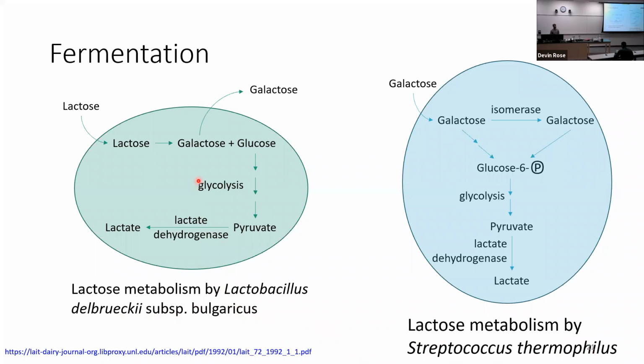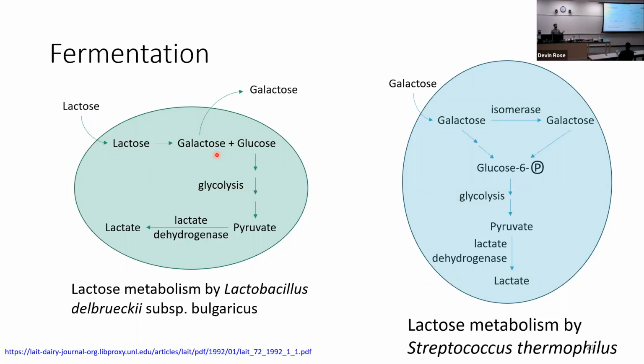And these two bacteria kind of work together. So the lactobacillus can metabolize lactose. So that's different from the yeast. It takes in lactose and hydrolyzes it to its constituent sugars.